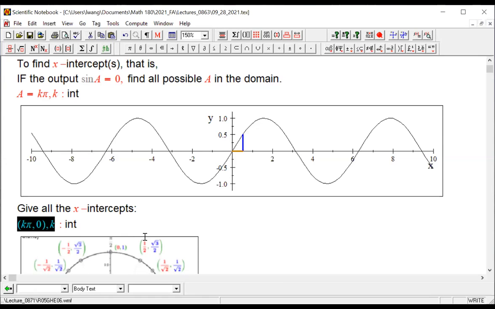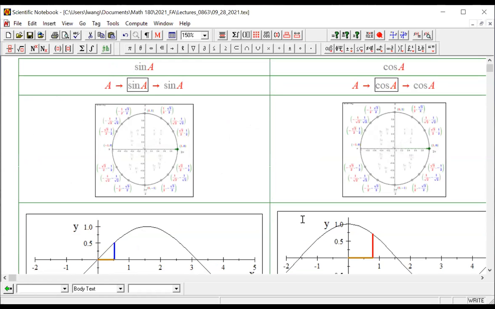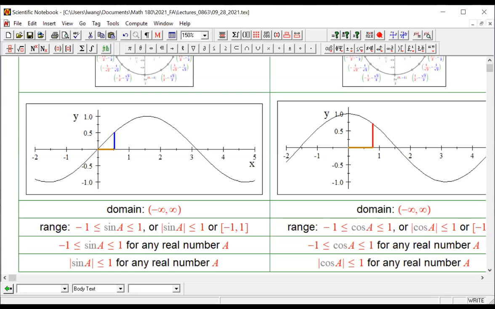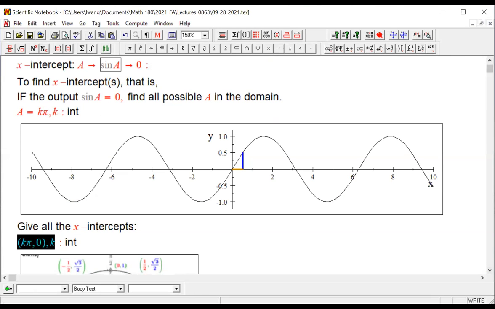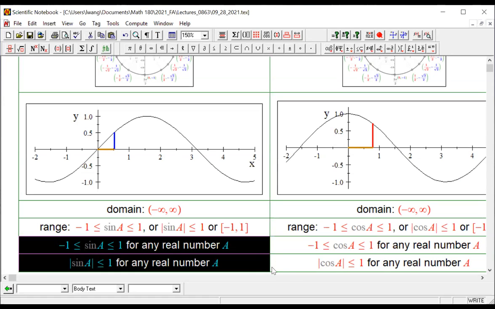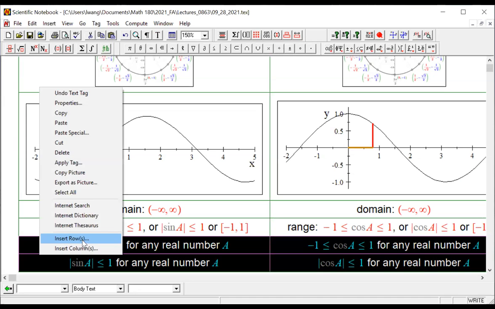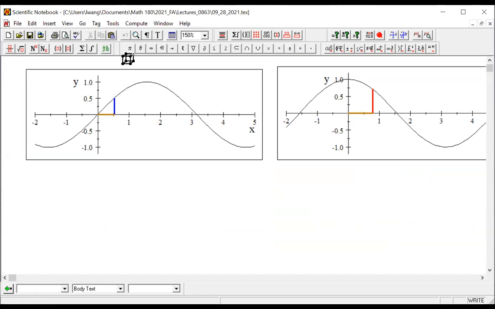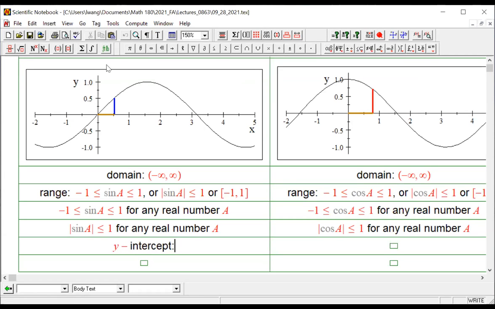Okay. So now what shall we do? We're going to put this answer in the table. So what is the x-intercept? Did I put it in the row? Not yet. So I'm going to add 2 rows. In the summary table, we have the y-intercept. Does everybody follow me? The y-intercept is just 0, 0.